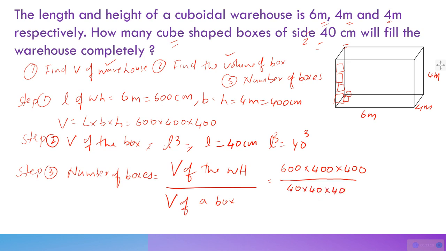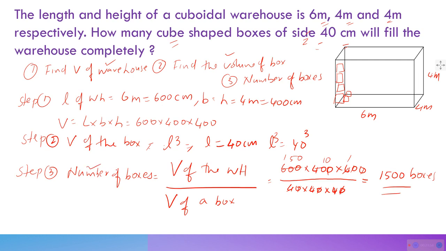Now you can solve it. On solving, you will be cancelling the zeros. You will be dividing it 1 time, 10 times, right? And you will be getting the answer 1500 boxes can be kept inside.